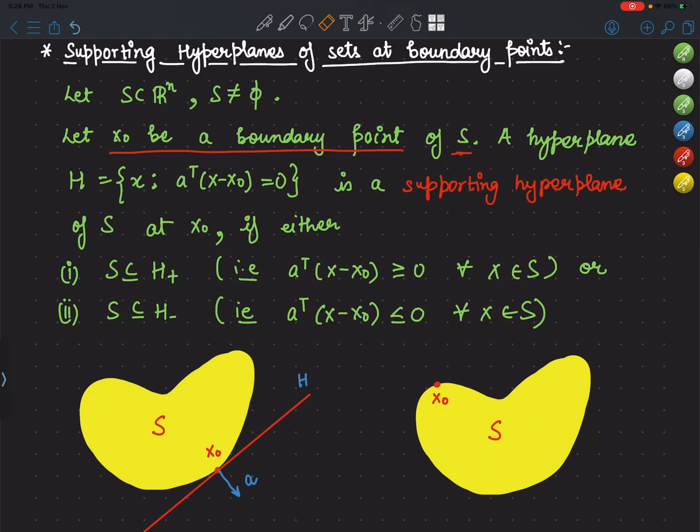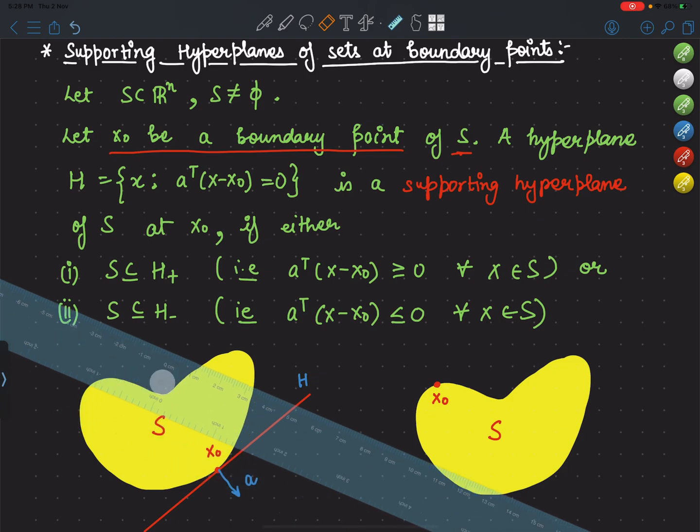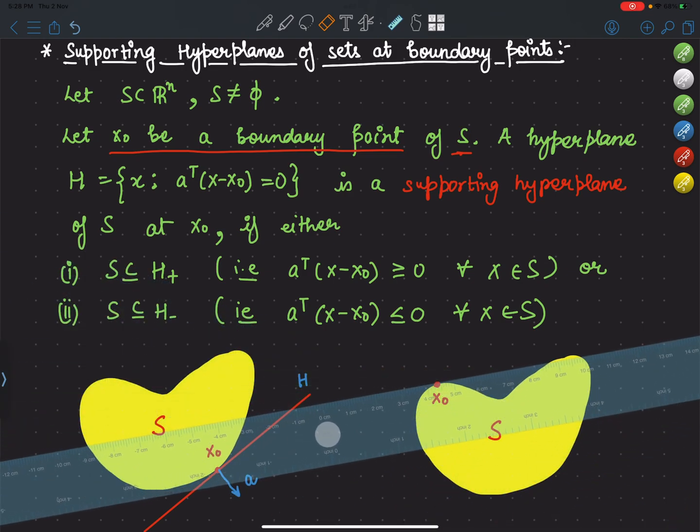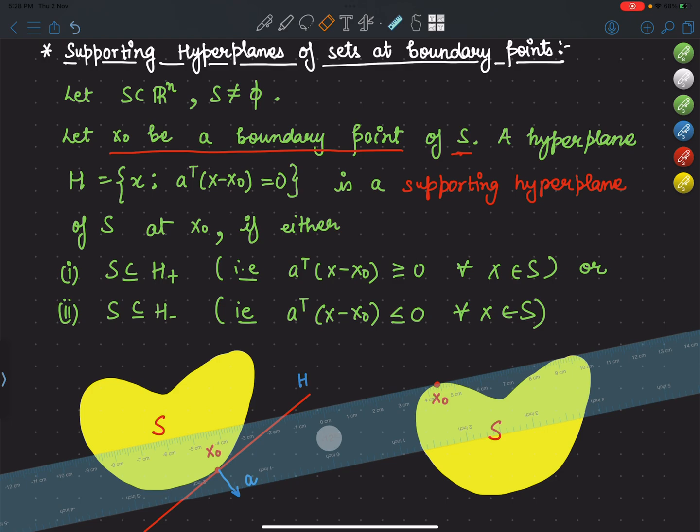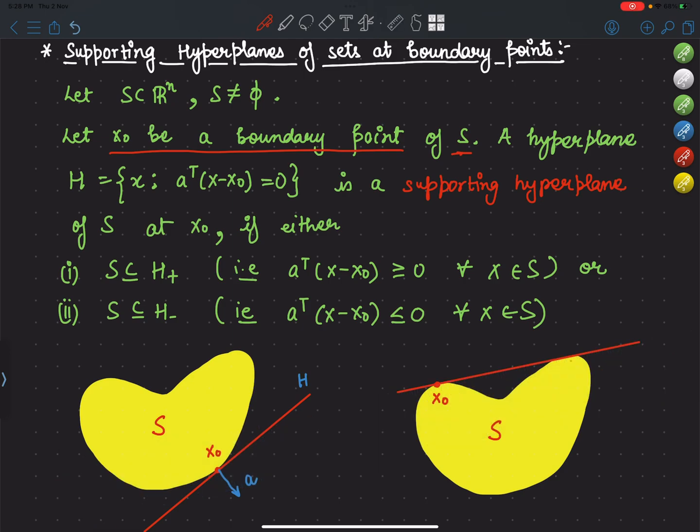This time it can also happen that the hyperplane goes like this, that it touches some other boundary point as well, but still the whole of the set S lies on one side of the hyperplane.